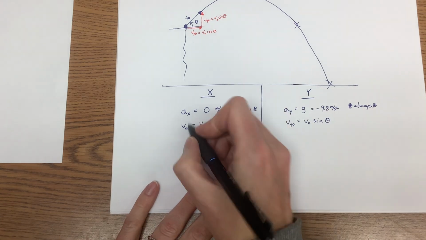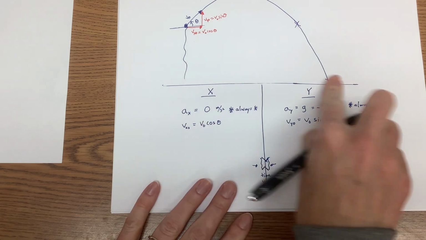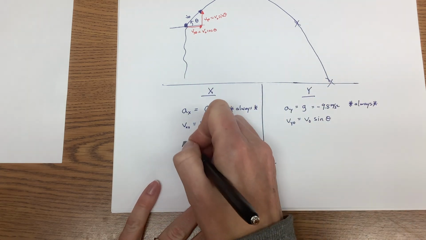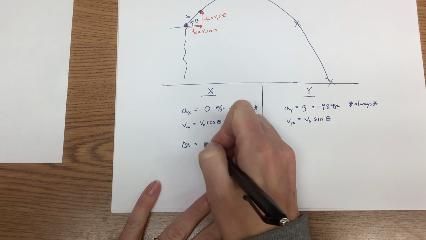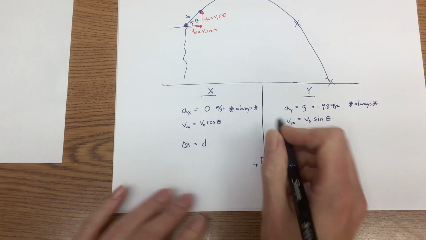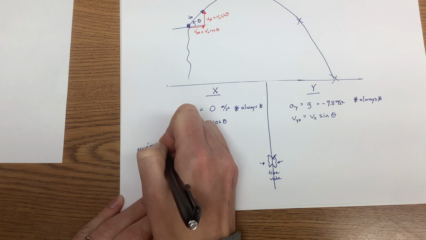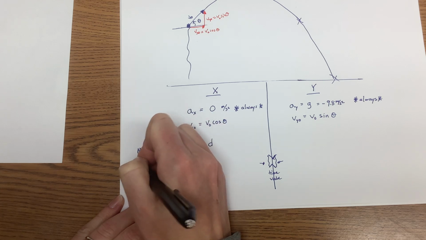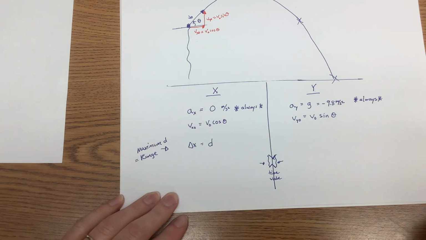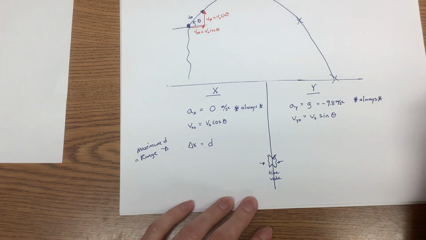Okay. So the distance that it follows in the x direction, that delta x, is whatever the distance is. We call that maximum distance. We call that the range. There's actually a formula for that, which requires a lot of trig identities, which you may or may not have learned.